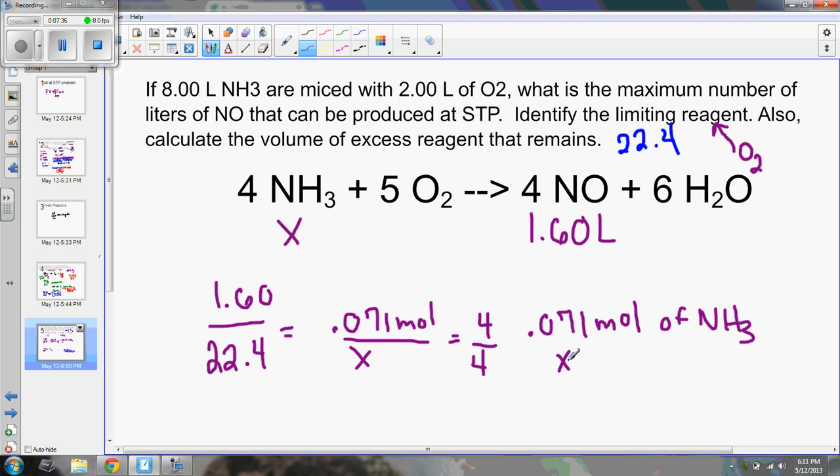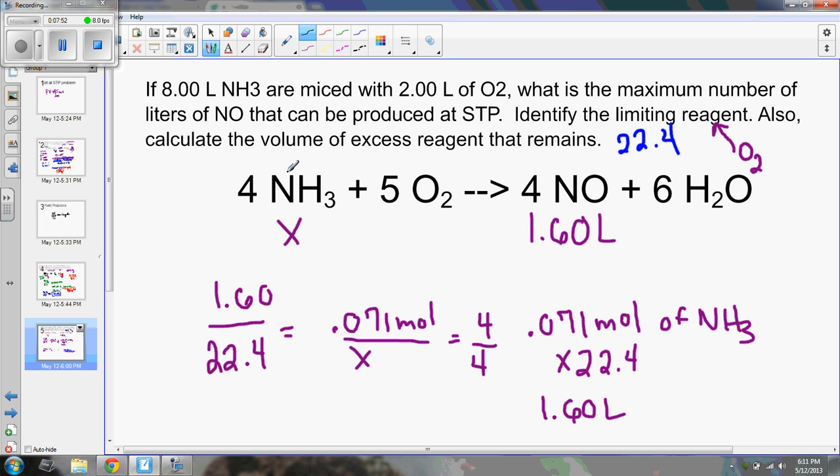Now I want to multiply by 22.4 to get that I would use, in the reaction, 1.60 liters of NH3. That's how much I used up.